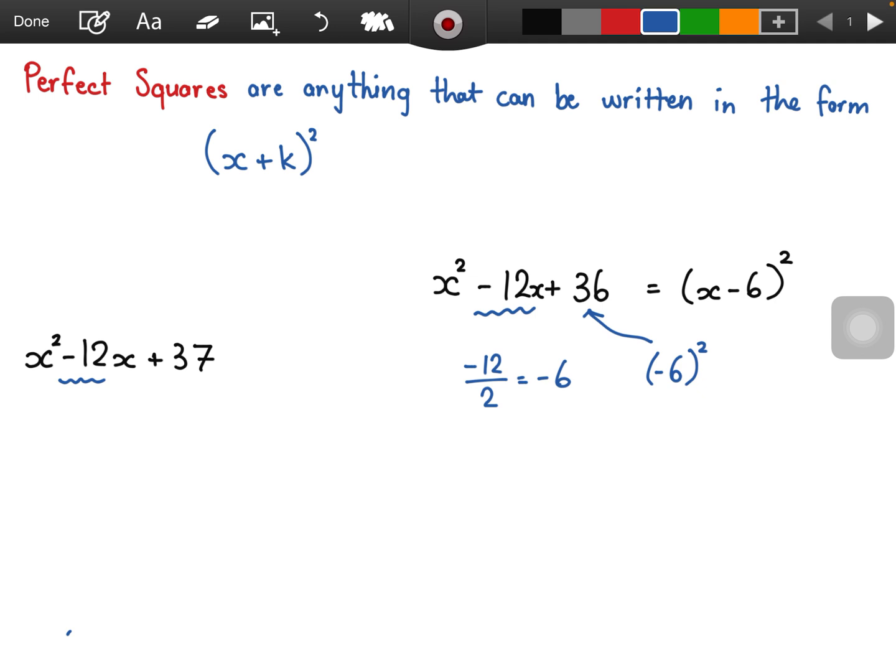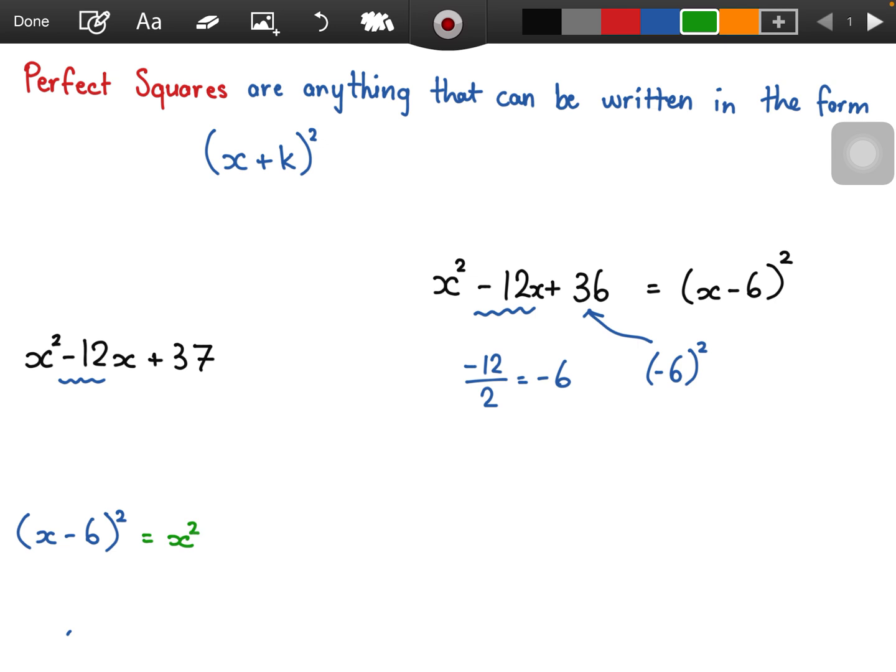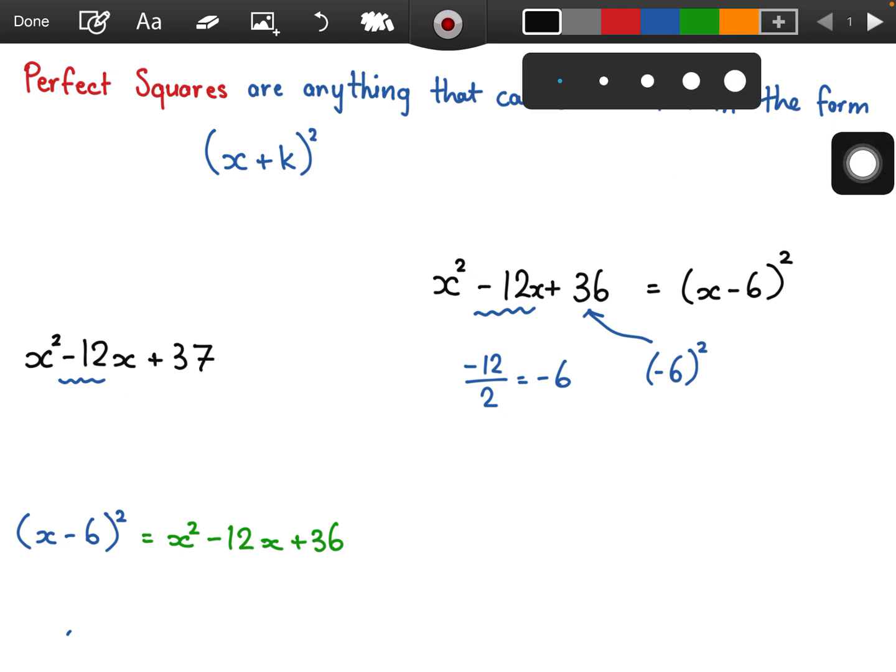So I am expecting, because of that, that it's going to be x minus 6 being squared. But what that's going to give me is what we found earlier on, the x squared minus 12x plus 36. And what we want is plus 37.